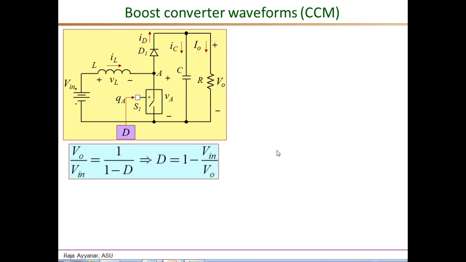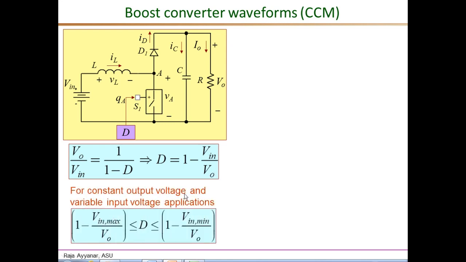We learned the basic operating principles of a boost converter in a previous video on boost converter analysis, and we derived the input-output relationship for the boost as 1 over 1 minus D, which gives us the expression for the operating D under any given conditions to be 1 minus the input voltage divided by the output voltage. Now, for constant output and variable input voltage applications, we can establish the range of variation in the duty ratio as shown here.